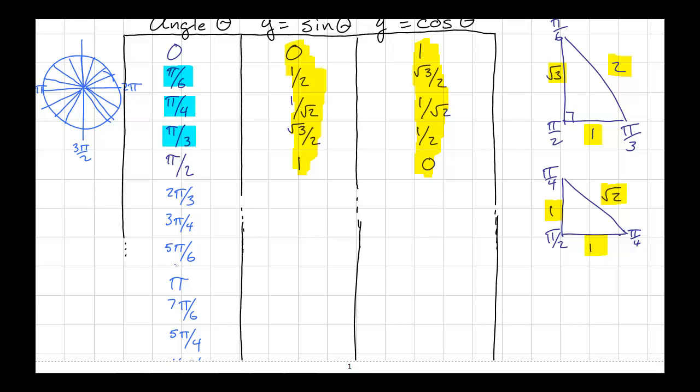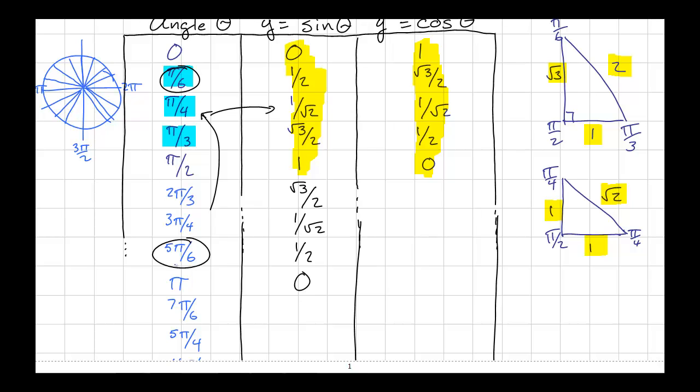So 2 pi over 3 is root 3 over 2, and because it's in quadrant 2, sine is positive. 3 pi over 4 has the same sine value as pi over 4, so 1 over root 2. And 5 pi over 6 matches pi over 6, so 1 over 2. So we came from 0, built up towards 1, and then came back down towards 0.